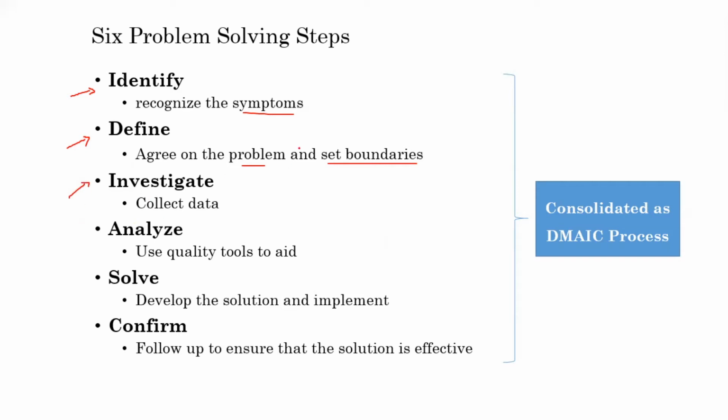Those symptoms enable you to define the problem that you are going to address and the limits within which you are going to work. Within those boundaries, you are going to collect data. Then that data is going to be analyzed in order to enable you to see what is happening in reality. And basically here, your intention would be to identify the root cause for the problems.